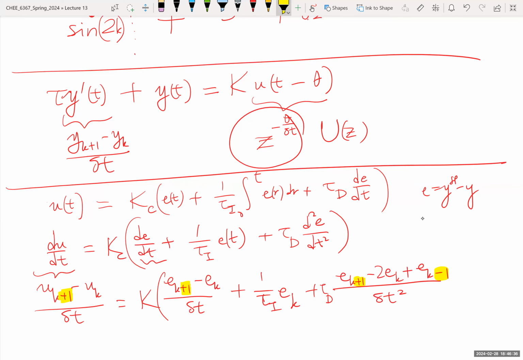Take Z transforms, and you have these Z transform functions.